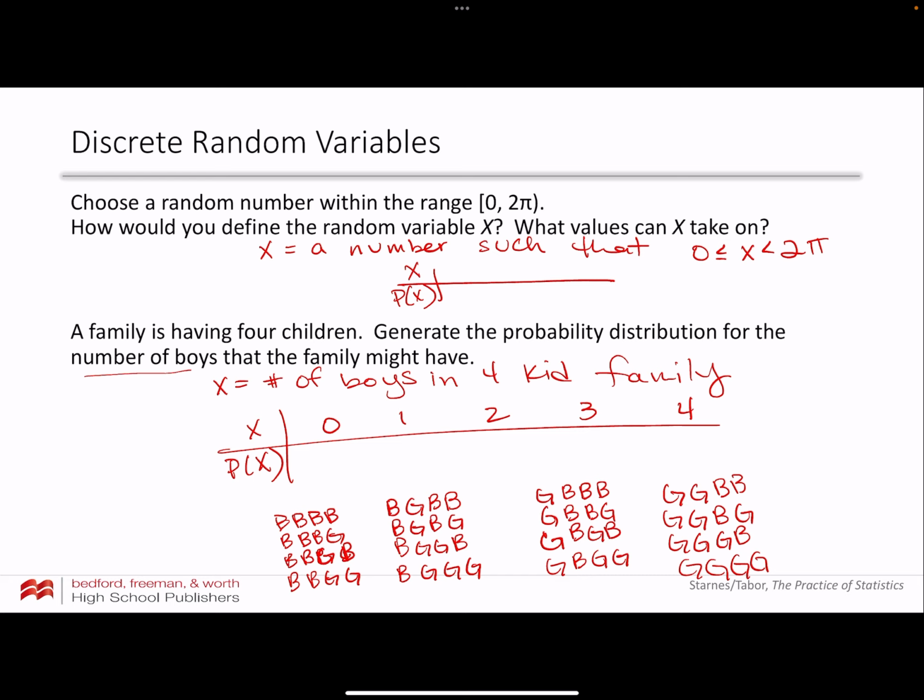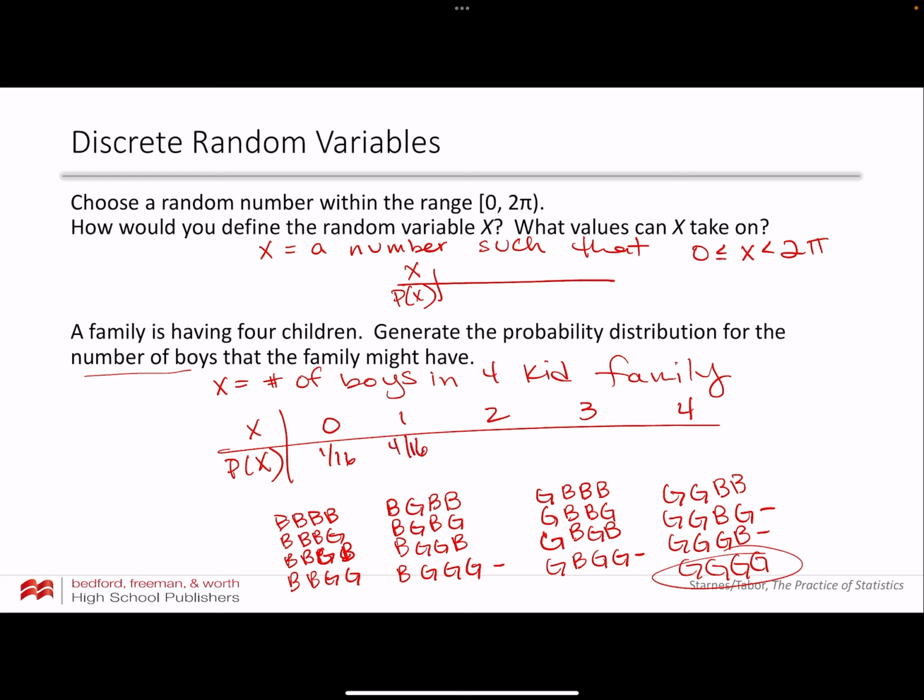The probability of 0 boys would just be this right here, 1 out of 16. The probability of 1 boy would be here, here, and here, here, right? So we have 1, 2, 3, 4. So 4 out of 16.